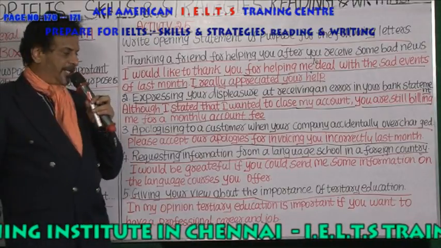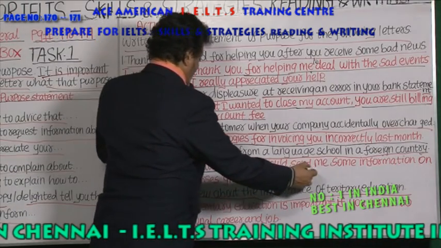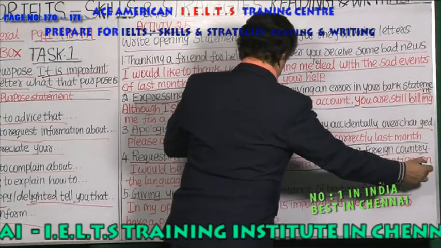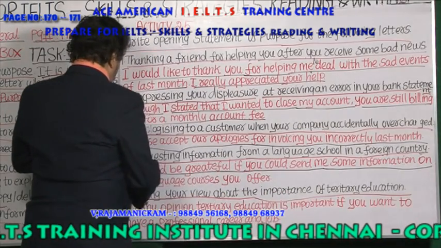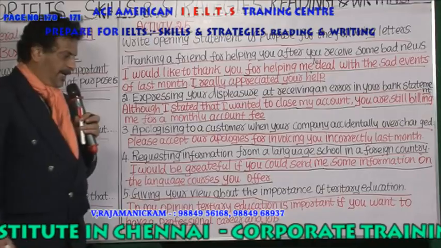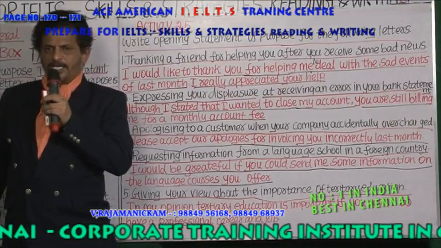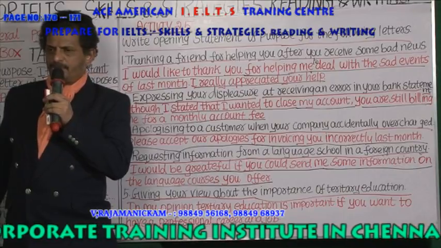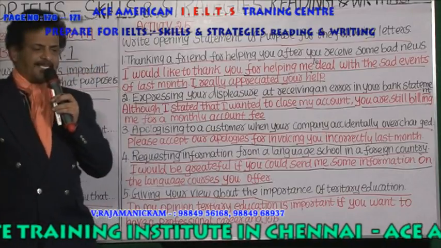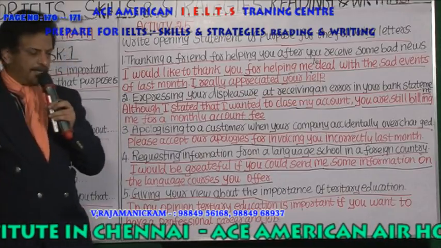So you start the letter with, I will be grateful if you would send me some information on the language courses you offer. So you are asking them to send details about courses and fee structures. You state the purpose of the letter in the beginning of the sentence.